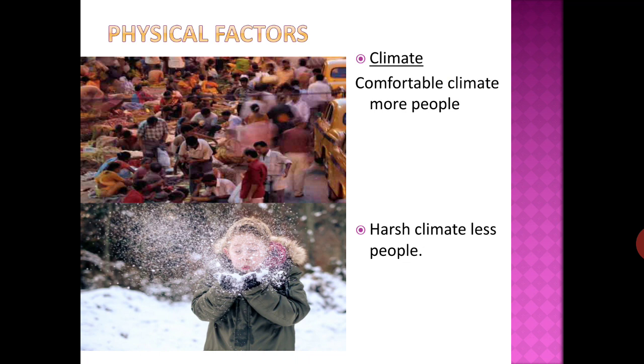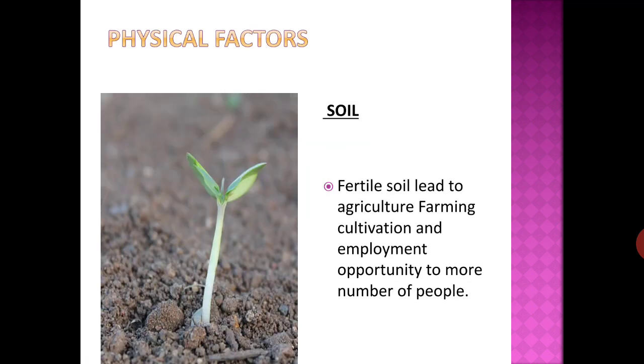Second one is climate. Climate is a main factor which affects the population. If the climate is comfortable and other conditions are there, then the number of people is always more. If the climate is difficult, like desert and polar regions, difficult climates have fewer people.